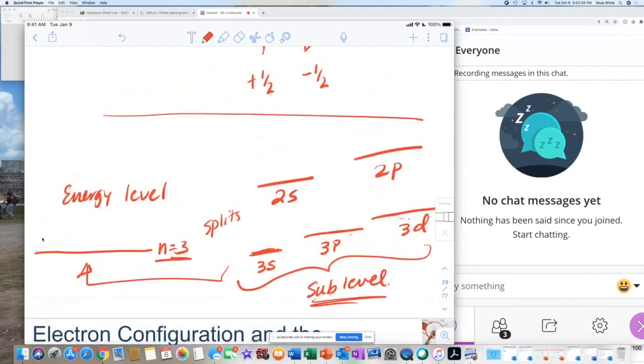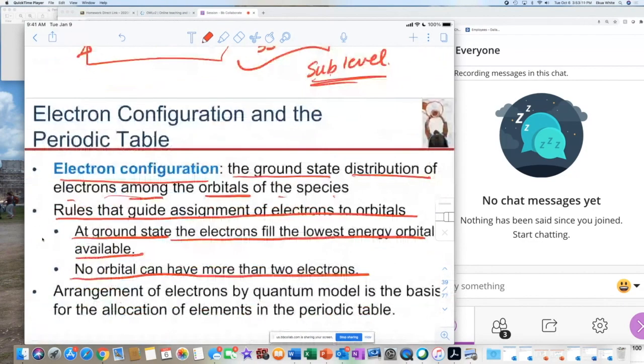We also have one sublevel at energy level 1 that just has 1s. So we're being told, when you're trying to decide where do I start, where do I place my electrons, number 1, when you are in ground state, fill the lowest energy level orbital available first before you start filling the other ones.